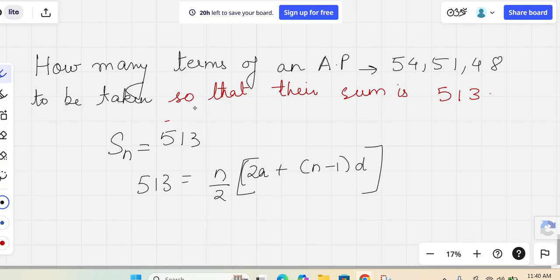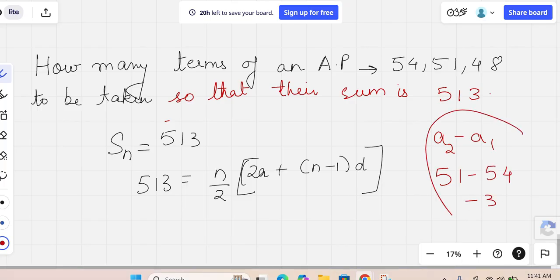Ma'am, isn't it minus 3? See, yeah, always when you have to find D, the formula is A2 minus A1. So 51 minus 54 will be minus 3. That is D. Ma'am, is A 54? A is 54 for you.